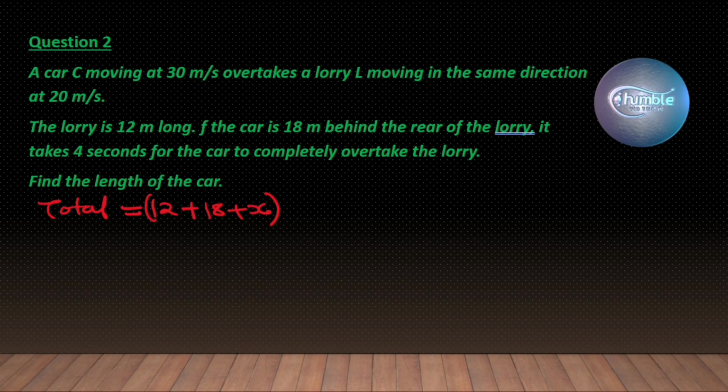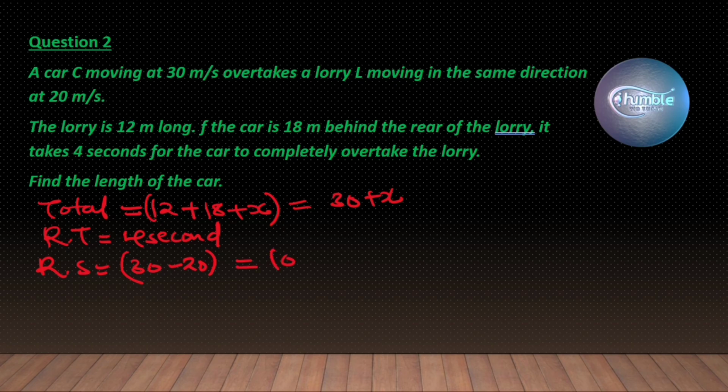So this is going to be 30 plus x as the total distance. Relative time is 4 seconds. Relative speed is the difference between the two speeds, that is 30 minus 20. This one gives us 10 meters per second.